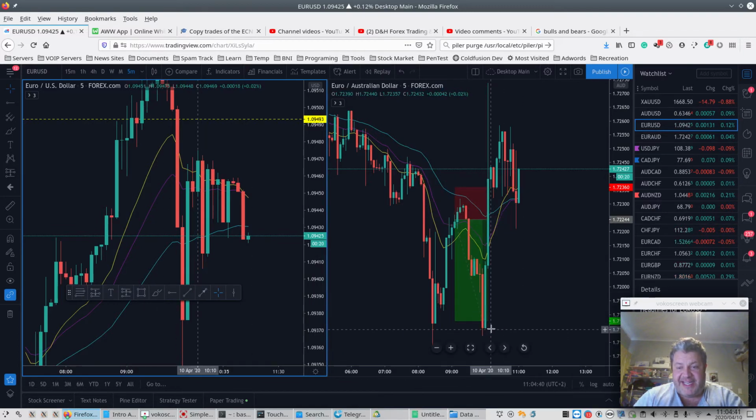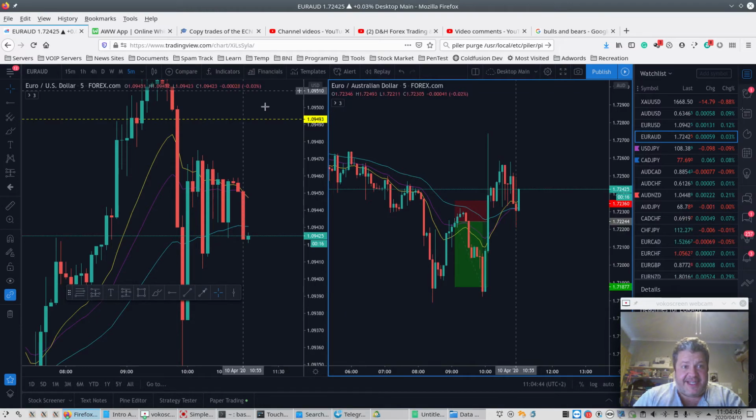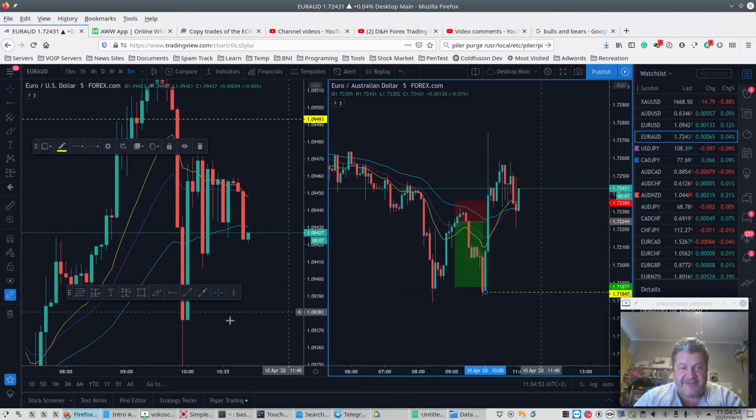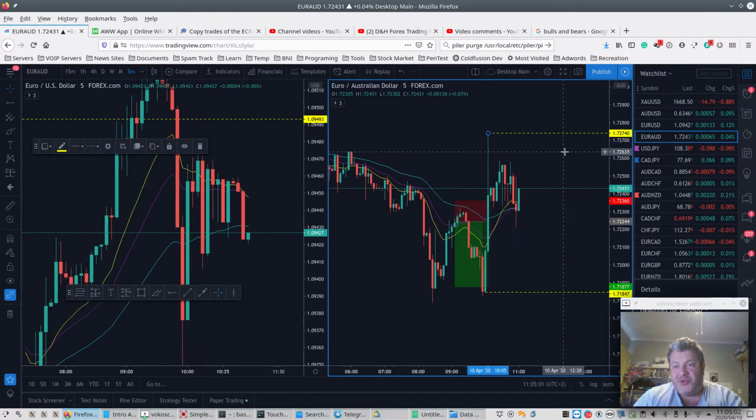So as you can see, this is a 5-minute chart, but if I draw a line here at the bottom of this candle, you'll see our price is 1.07184, and the price moved in a matter of 10 minutes. It went up, it did retrace, and went all the way up to 1.07274.